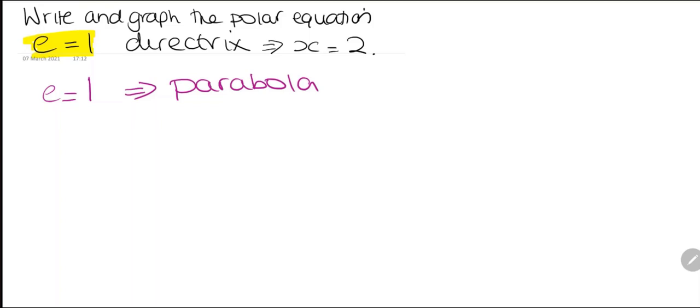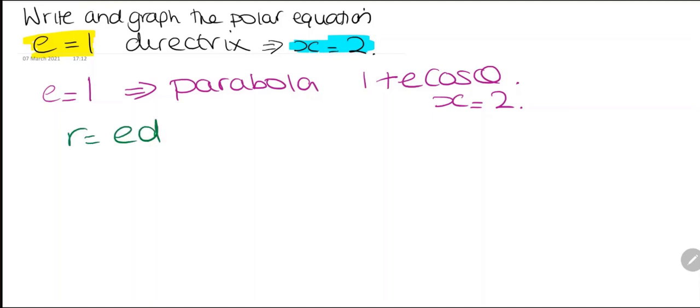If we're told that we have a directrix with x is equal to 2, we know that it's going to be cosine plus e. So 1 plus e cosine theta. And the directrix will be on the line x is equal to 2. So our equation, we want in the form of ed over 1 plus e cosine of theta.